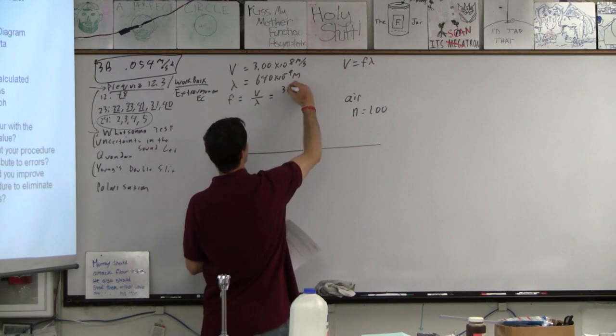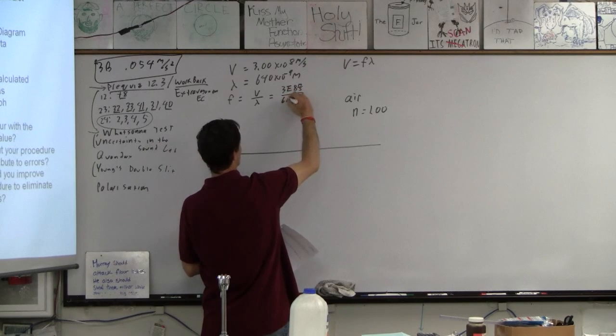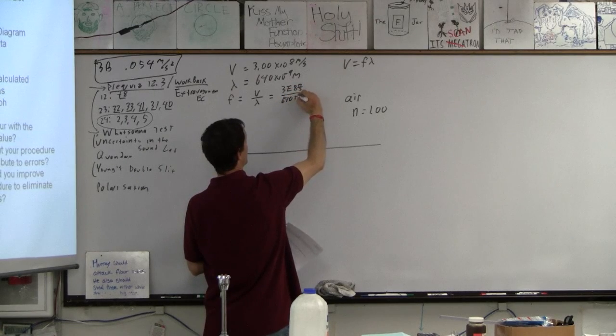So 3E8 meters per second, and how many of these fit in 640 nanometers? Well, it's going to be a lot, right?